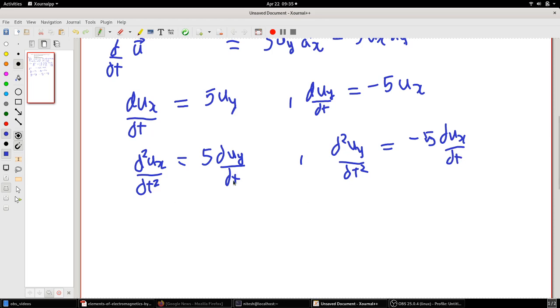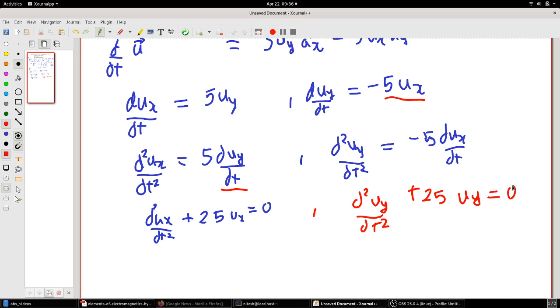Okay, so this is what you have. I know that duy by dt is minus 5 ux, so I can replace that. What I have done here is replaced this duy by dt with this term here. Okay, so these are the two differential equations you have.